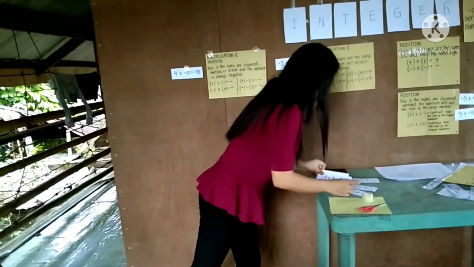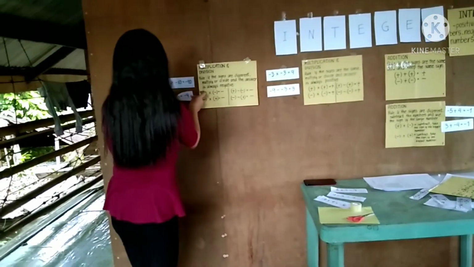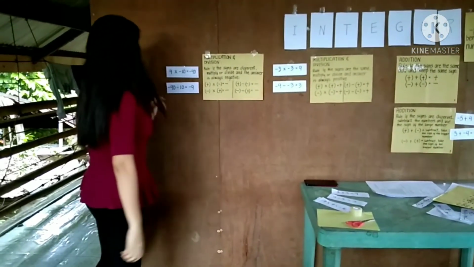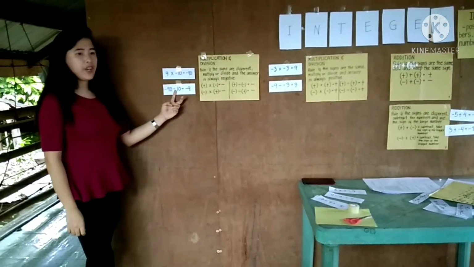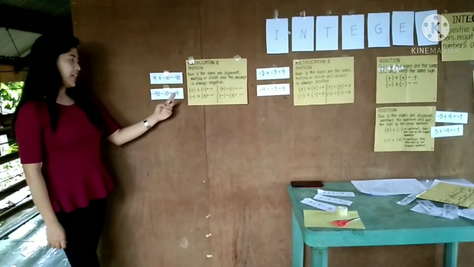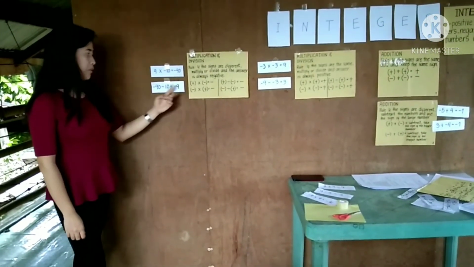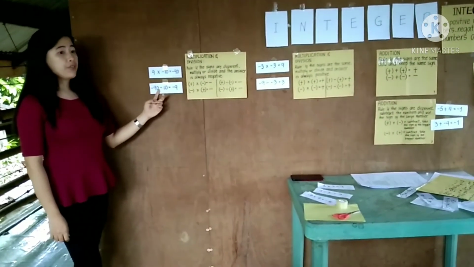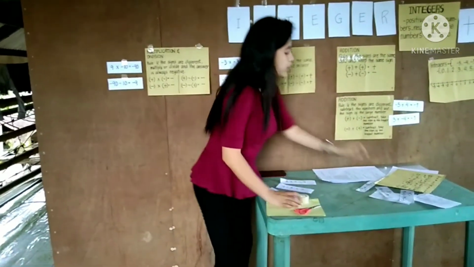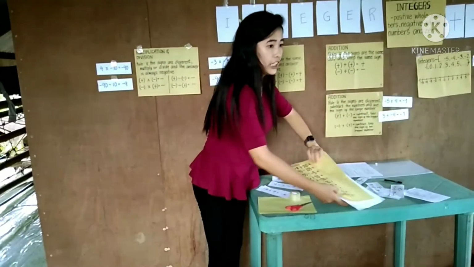Another example, ma'am. Negative 90 divided by 10. The answer is negative 9. Why negative 9? Because they have different signs. So easy. Do you get the topic?